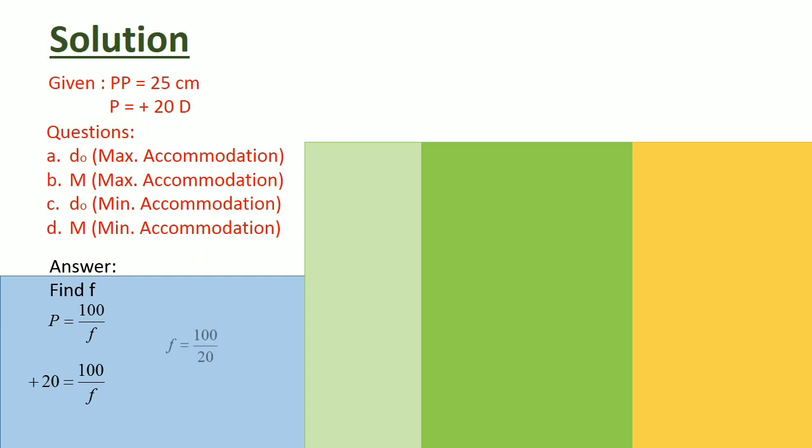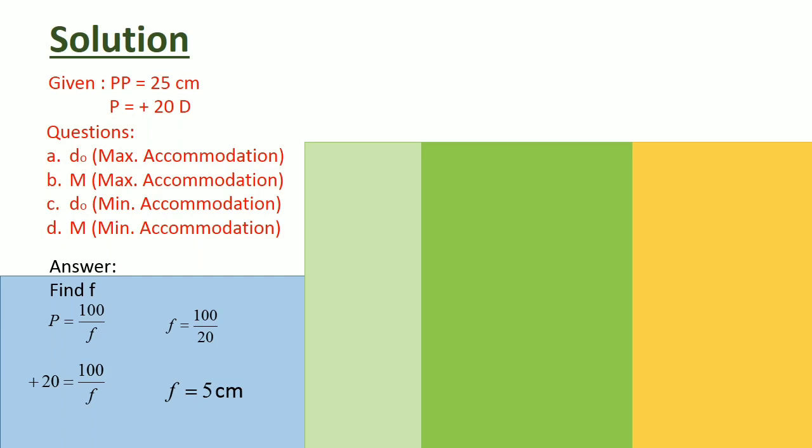We can change the subject of this equation, so you will have f equal to 100 over 20. So f is actually equal to 5 centimeter. So the focal length of the lens in this magnifying glass is 5 centimeter. It's positive, a convex lens.